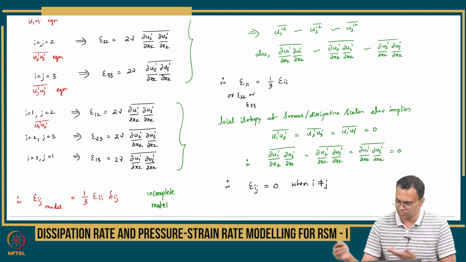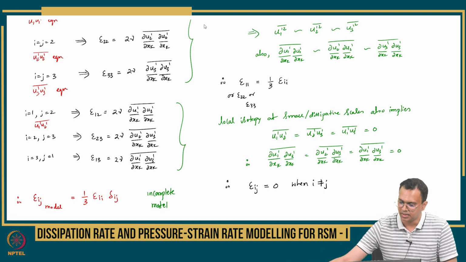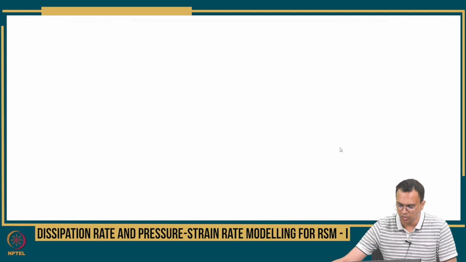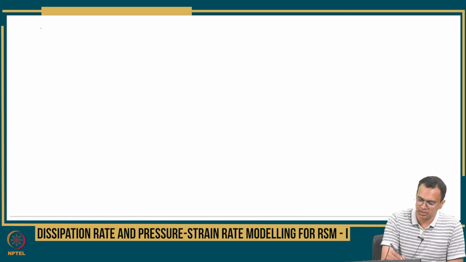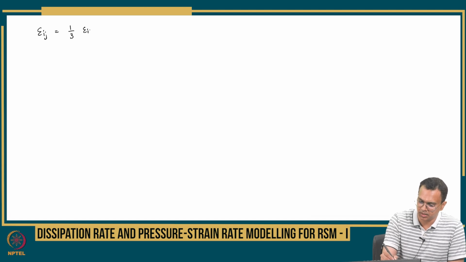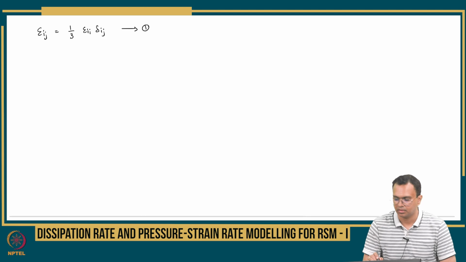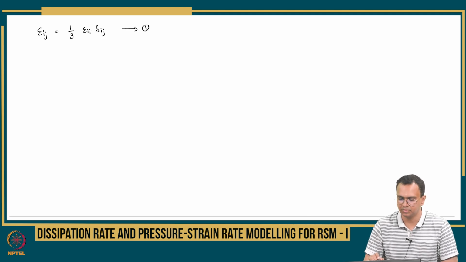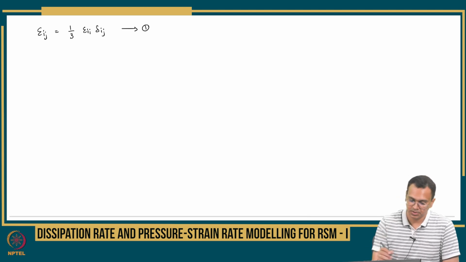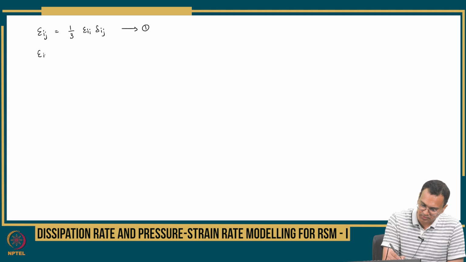So now we have to continue this further. We have learned that epsilon ij is equal to 1/3 epsilon ii delta ij. At least with that assumption, we have come to this state. But epsilon ij also has a formula.